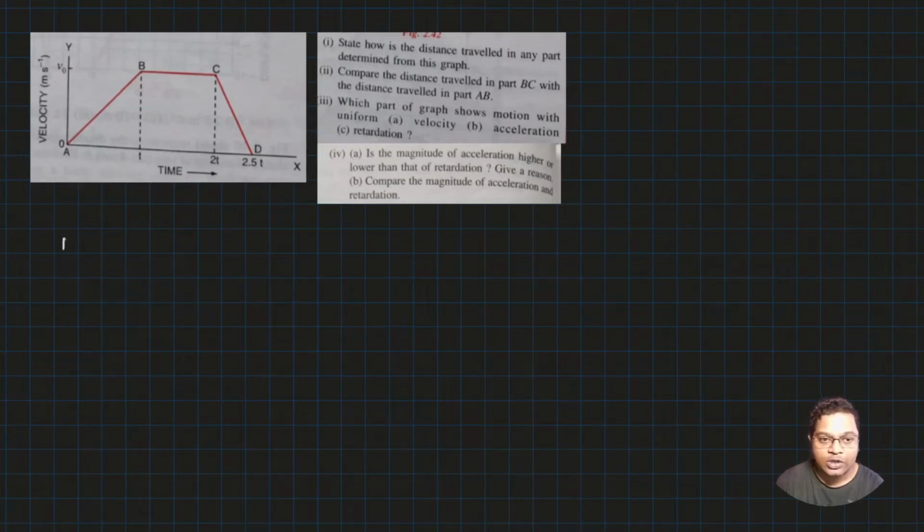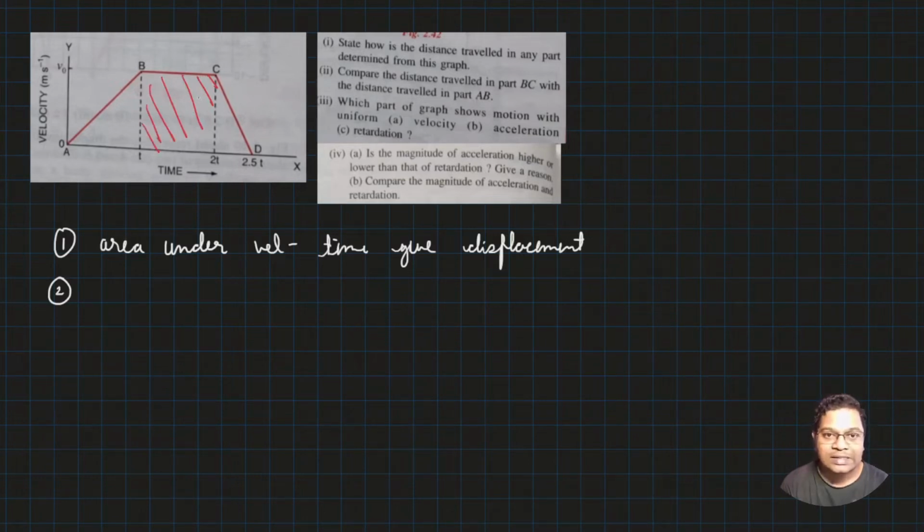So, to answer question number one, it is asking us to compare the distance traveled in BC with the distance traveled in AB. So here we have BC, and for the distance traveled in BC, we need to calculate this area.